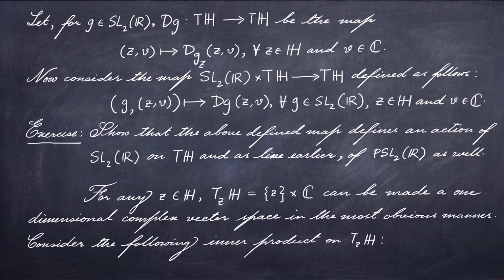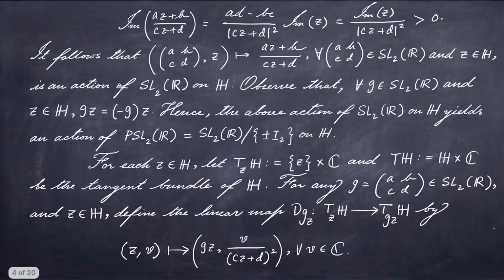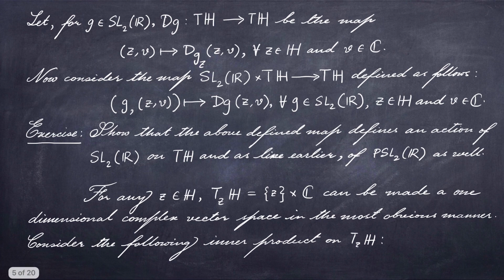If we regard the natural vector space structure on this, then it's quite clear that this map, for any g and z, is in fact a linear map from this vector space to that vector space. Anyway, the tangent space at every point z has a natural vector space structure. It's in fact a one-dimensional complex vector space structure, and therefore it is equipped with a natural inner product.